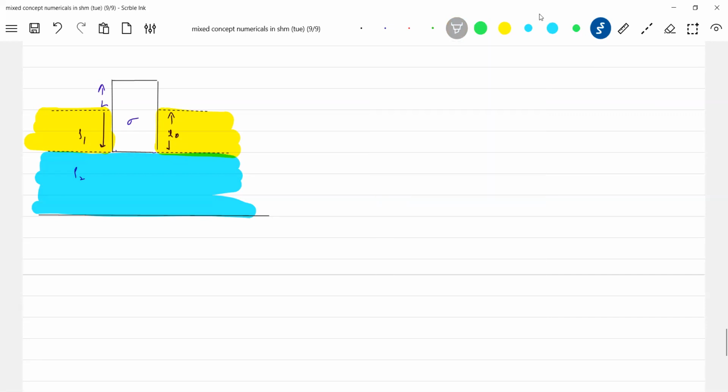Okay, slightly I'll replace. I'll give the description so that it'll be easy for you. Now, where is the lower end of the cylinder? When it is floating, it is just touching the interface of two liquids. I'll slightly depress and release it. It's asking to calculate the time period of oscillations.